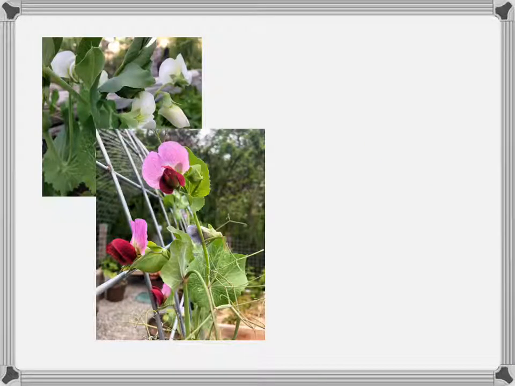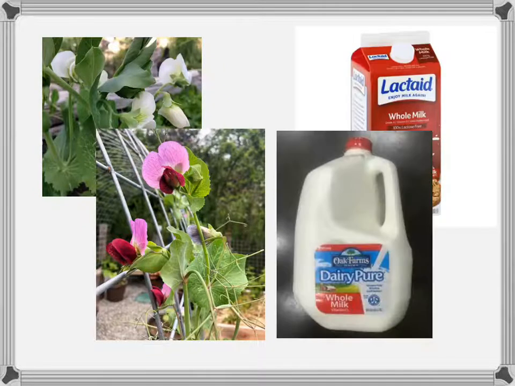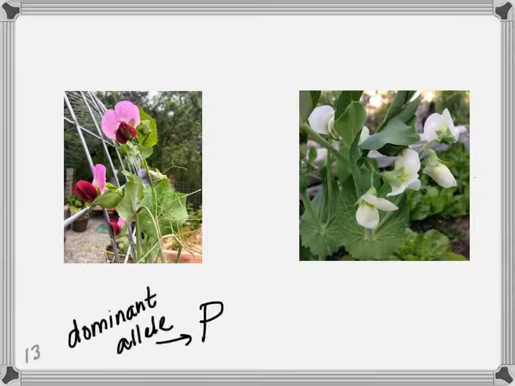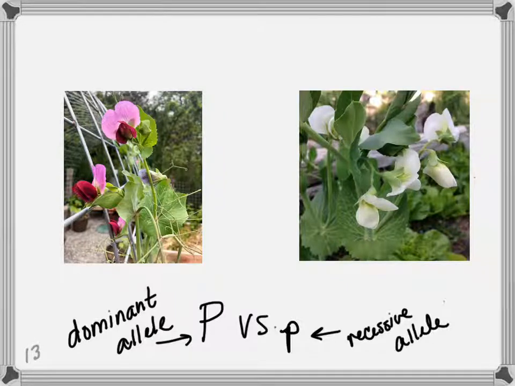For some traits, such as what color flowers a plant produces, or whether or not someone produces an enzyme that lets them digest milk, graphing distribution isn't nearly as useful. And in those cases, we might want to look at gene or allele frequency instead. Remember that alleles are versions of a gene, and for simple dominant recessive traits, shown with a capital letter and a lowercase letter.